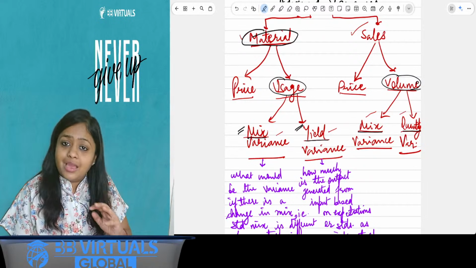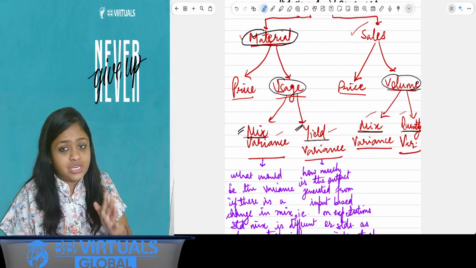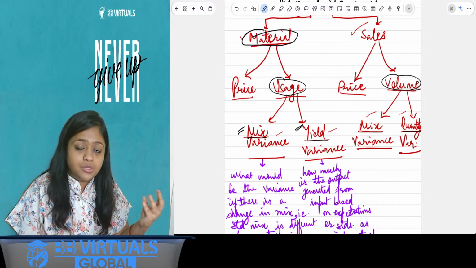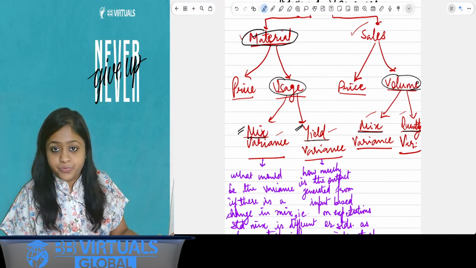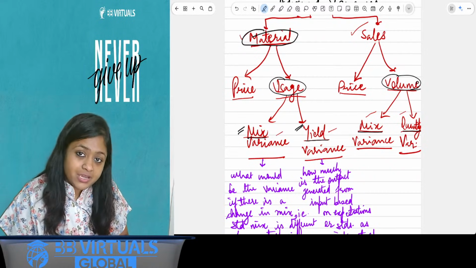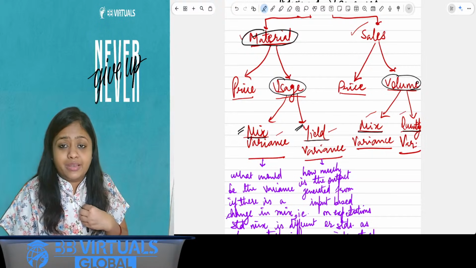Is the mix change having any impact, adverse or favorable? Check that. Second, because of the quantity difference between the actual and the budget, what is the difference? When you combine these two, you get the volume variance. Clear? Absolutely. Let's look at them in detail.